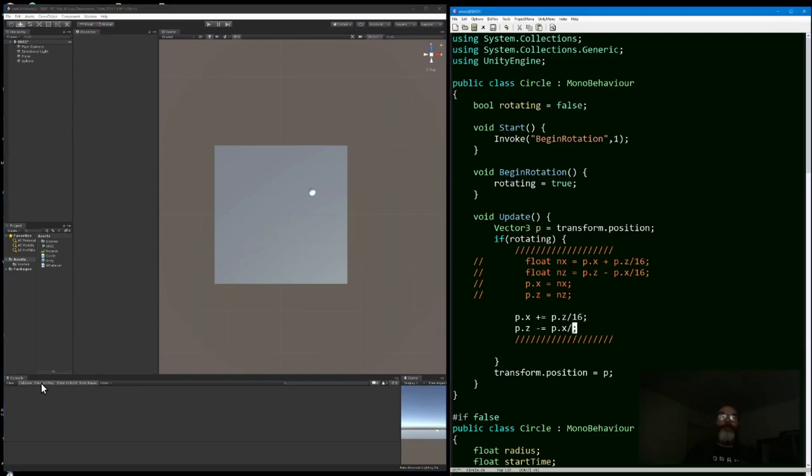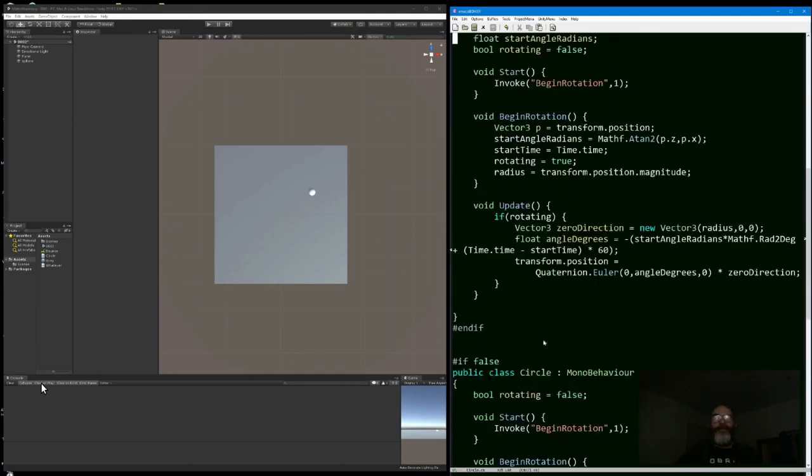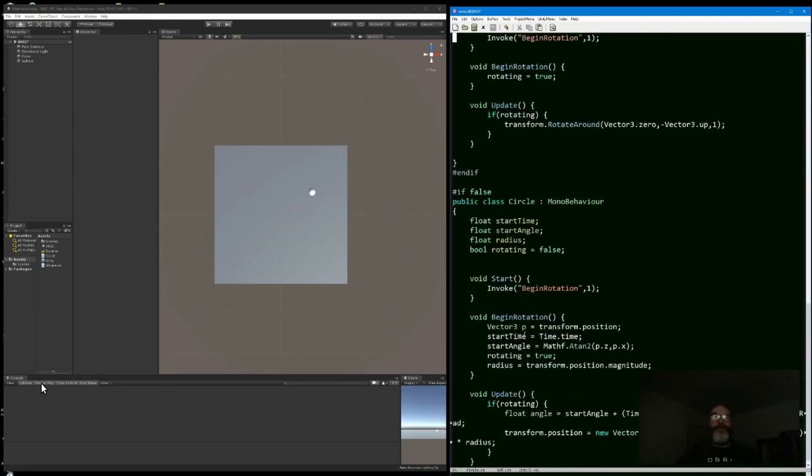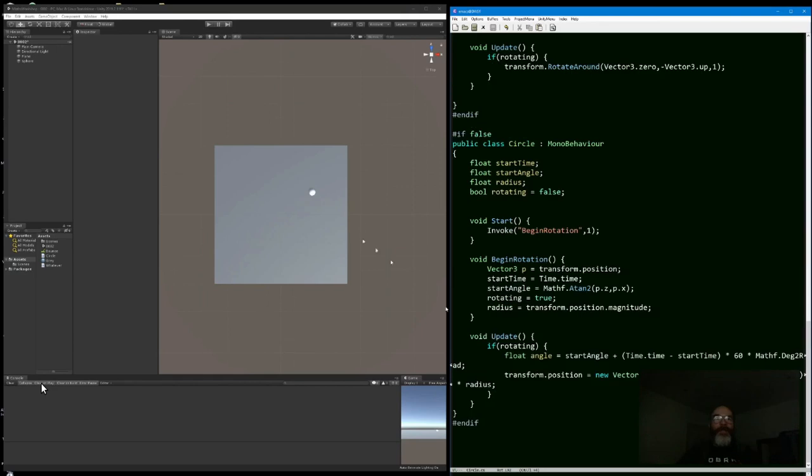So, I suppose the point I wanted to make with this is that I've been through a few different ways of making this point move around in a circle from a given starting point.